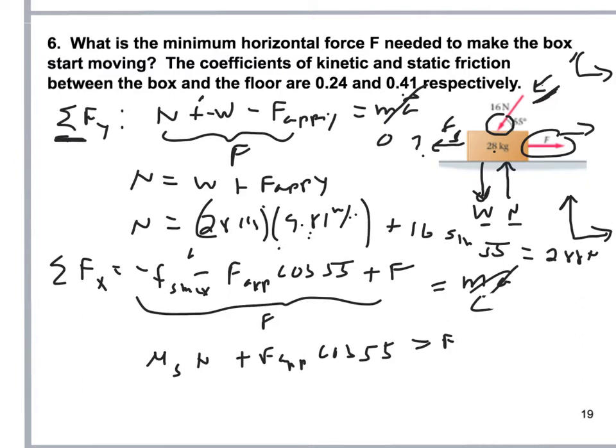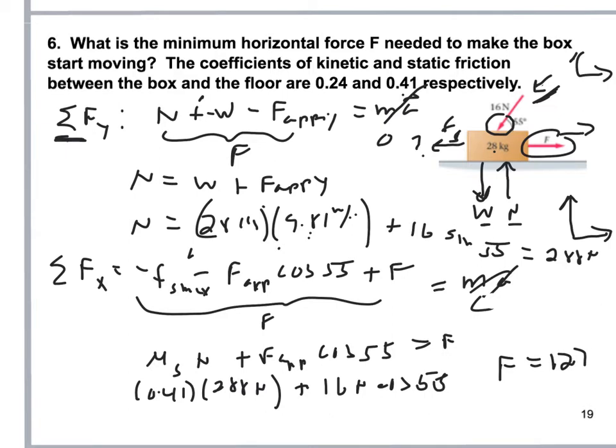That's why we got rid of the negative part there. So now we can put in our values. The value we solved for n is 288 newtons, plus our 16 newtons times the cosine of 55. And that comes out to a horizontal value of 127 newtons.